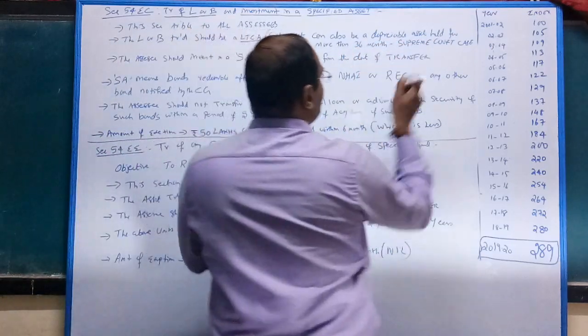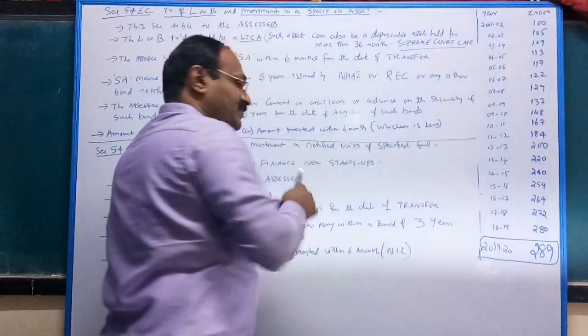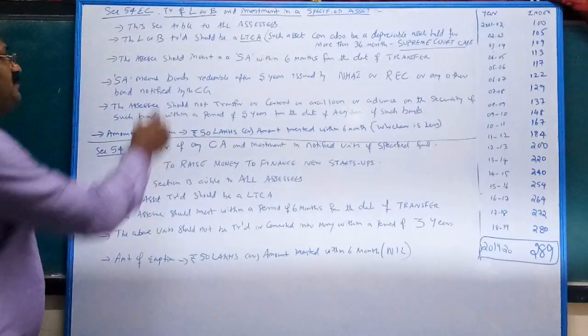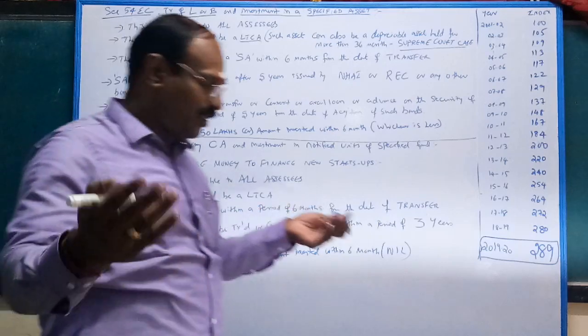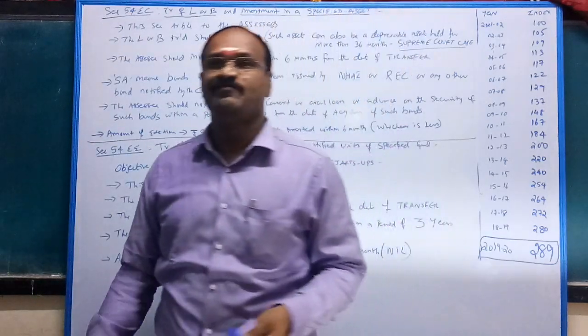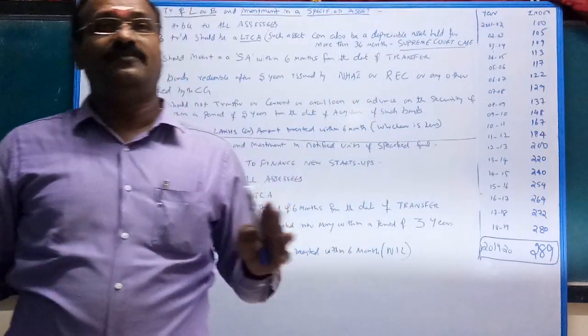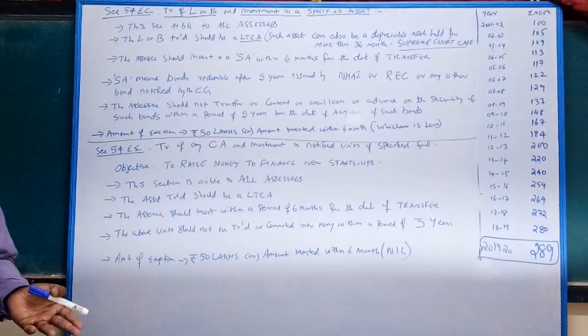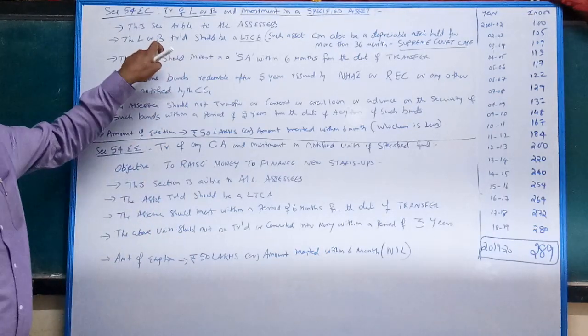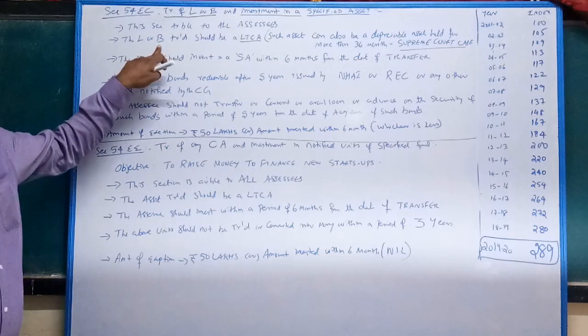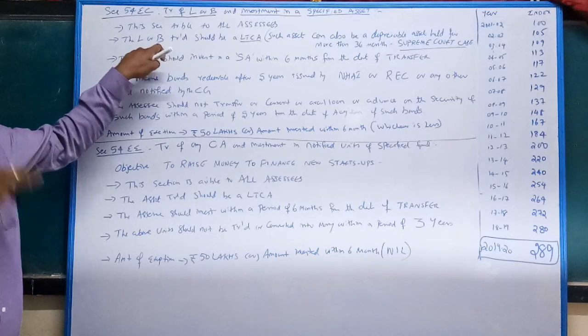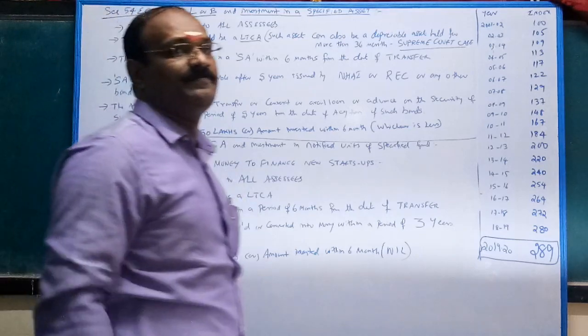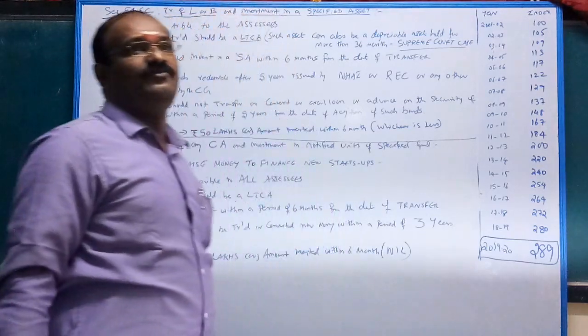Supreme Court case law. Listen carefully. This is land or building. So building always, of course, is a depreciable asset. So a building held for more than 36 months is eligible to claim section 54EC.